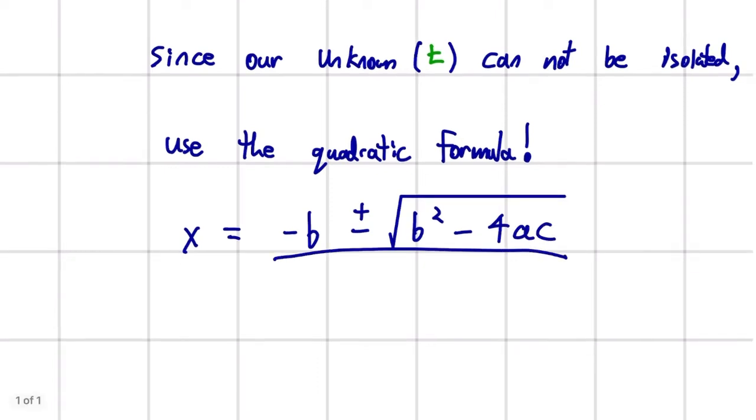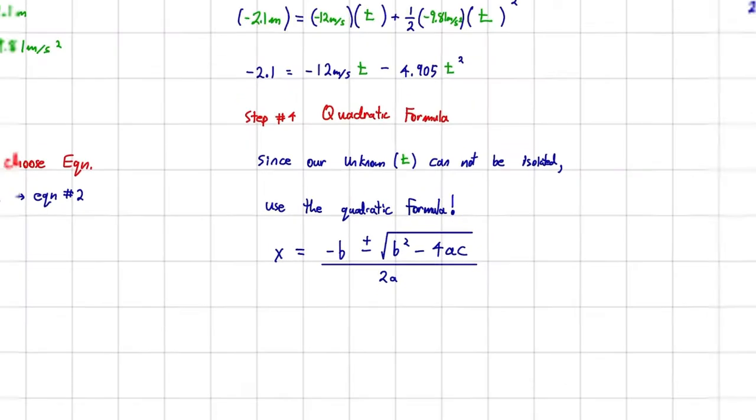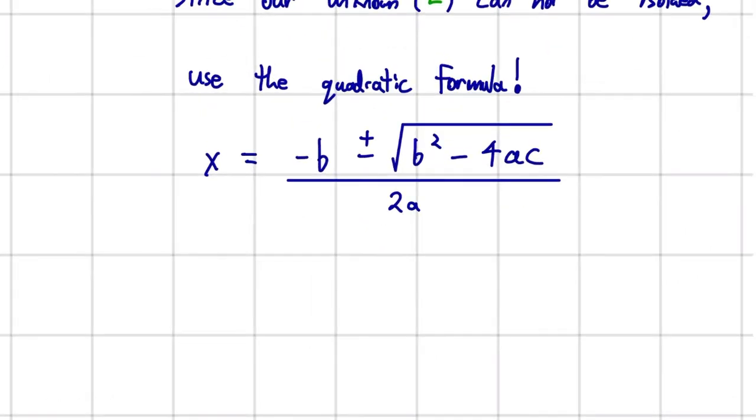Minus 4ac all over 2a. And that is when you have an equation in the form ax squared plus bx plus c equal to 0.